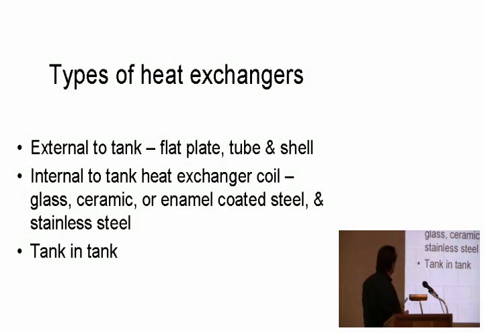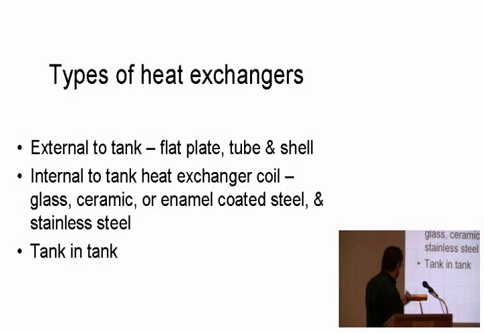Next slide. Heat exchangers. External to a tank, you would have a flat plate, which is a very common type of heat exchanger. Very good heat transfer with a flat plate heat exchanger. You also see shell and tube. They're not as common. They're a little more expensive, and you don't get the same heat transfer. However, they're used in many industrial applications, like in injection molding machines, for example, as a cooling mechanism.